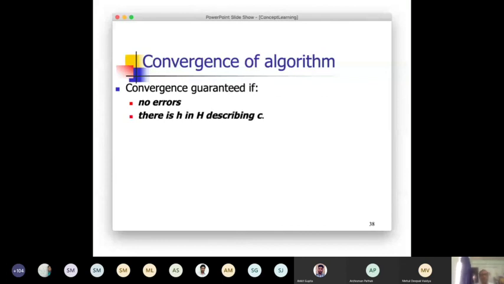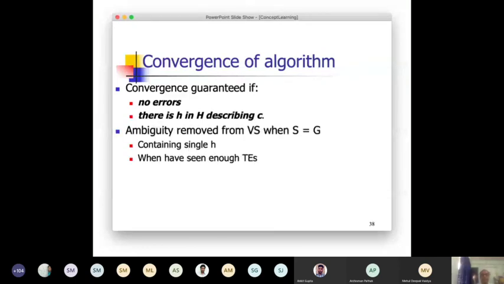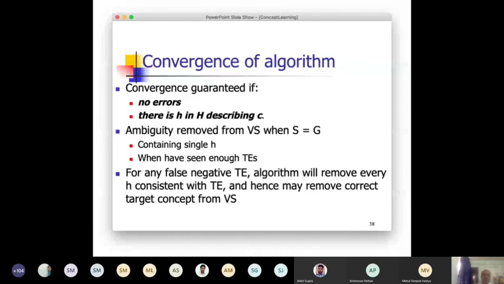And if there is no ambiguity in the specifications, then you will find both these two boundaries collapse. They become the same, and there is only a single hypothesis in that case. And if you have seen enough training examples, you are expected to get your target function in this fashion, right?